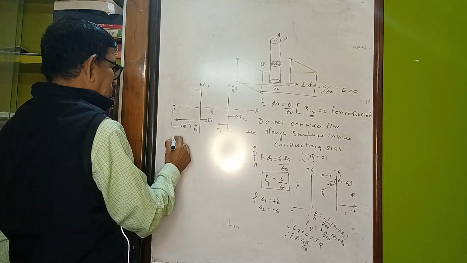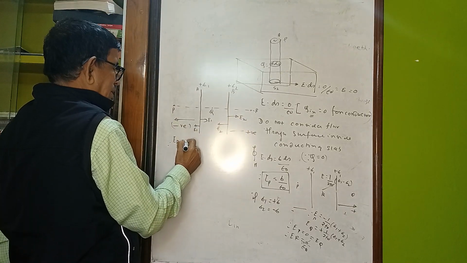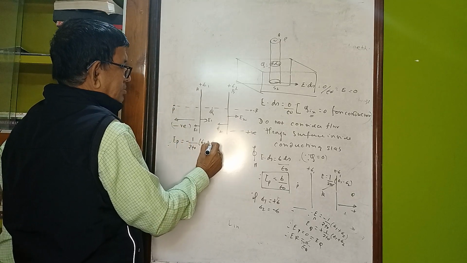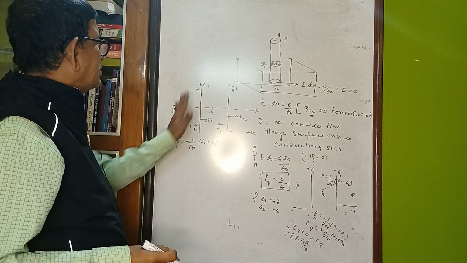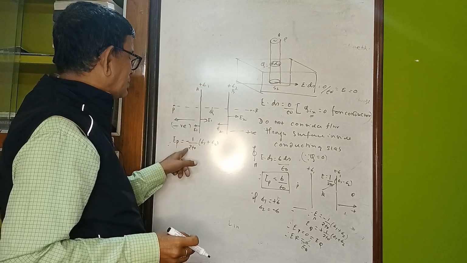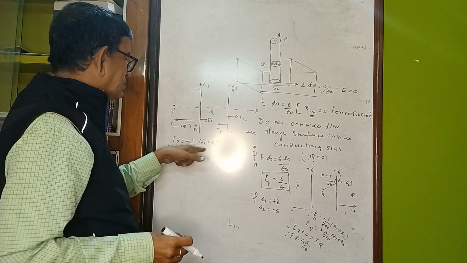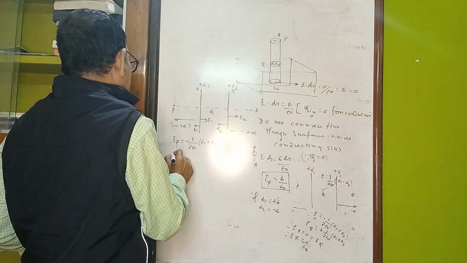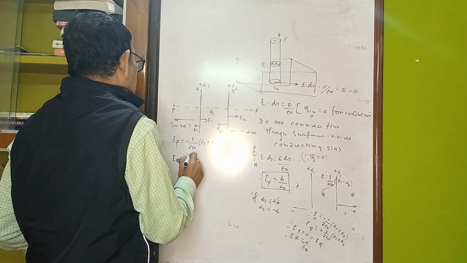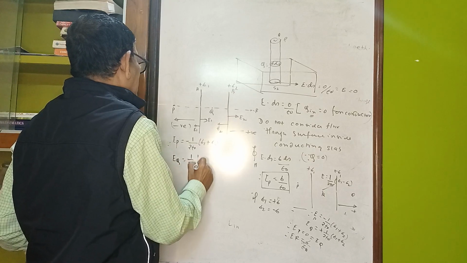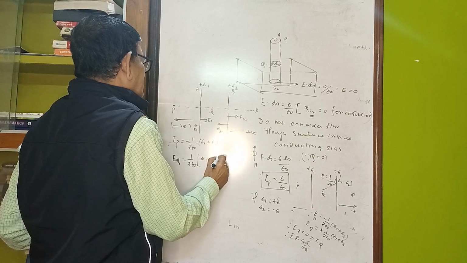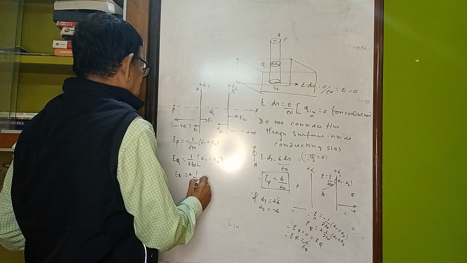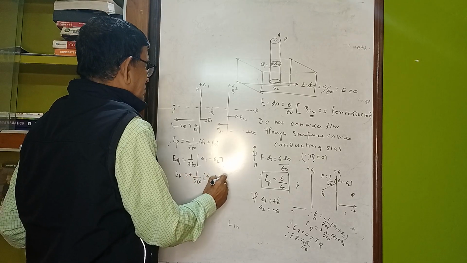So at point P, again I am telling you, give a minus sign, 1 by twice epsilon naught times the sum of the charges. Why this? Because for that plate it will be minus sigma 1, for that one sigma 2, due to superposition E1 plus E2, so we are getting this. Similarly, EQ equals 1 by twice epsilon naught times sigma 1 minus sigma 2, and ER equals plus 1 by twice epsilon naught times sigma 1 plus sigma 2.